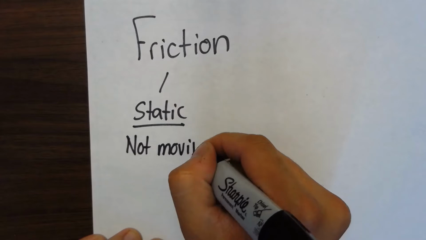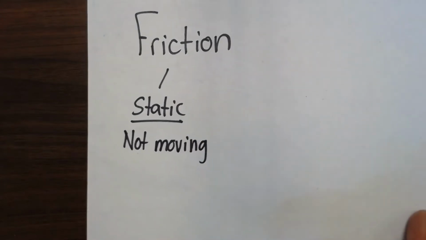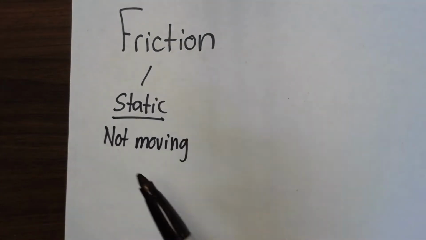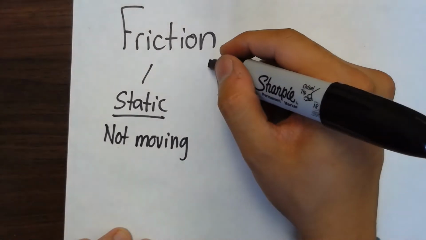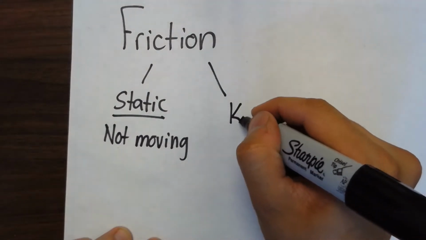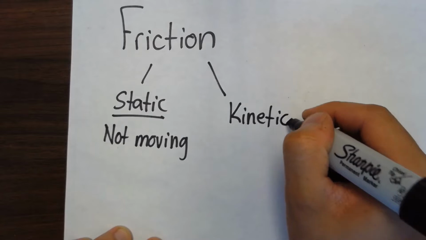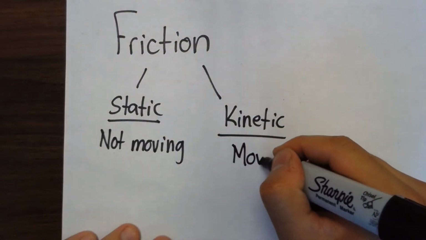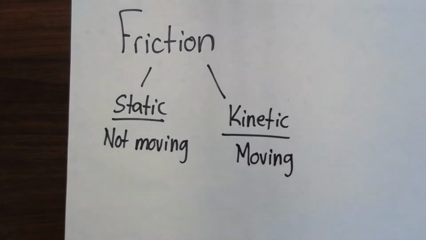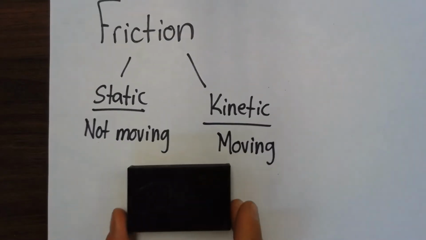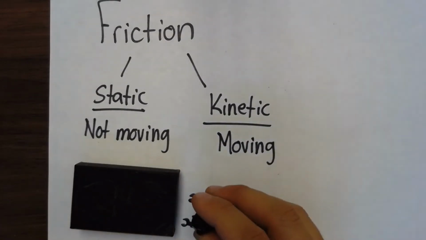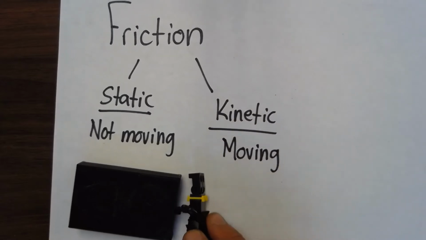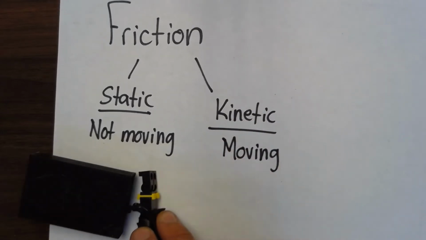If you were going to take notes on anything for a quiz tomorrow, let's make sure that you're taking note on the things that I'm writing. So besides static friction, there's also what we call kinetic friction. Kinetic friction is what happens when things are moving. Now, static friction explains why when the refrigerator is just sitting there, Batman has a hard time pushing it and getting it to start moving.